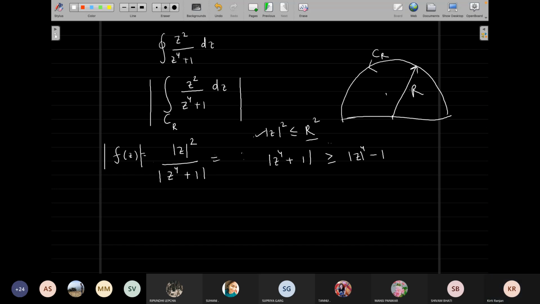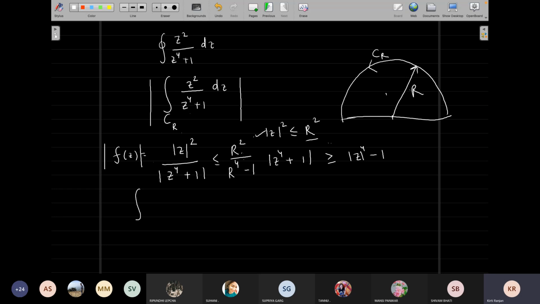So z square over z^4 plus 1 will be less than or equal to what? Knowing these two identities, the numerator will be less than or equal to R square, and the denominator will be R^4 minus 1. So this is about the function. Now think about it.